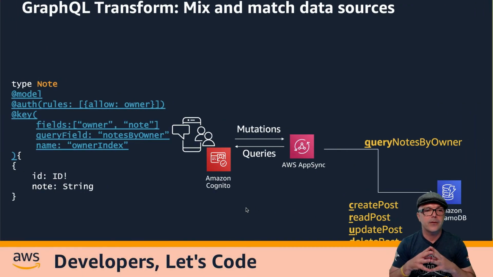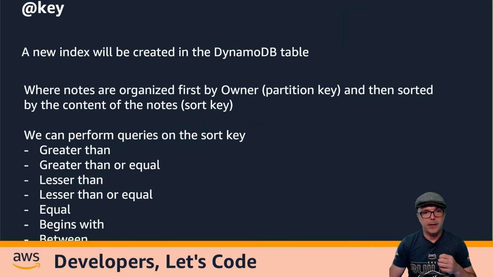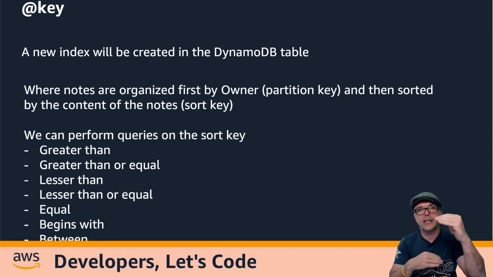So if you're logged in, you know who you are. So you're the owner. So when you create a note as that owner, in the owner field which we've now created, we are able to query all records that have that owner field, and we can search on the note name. So when we create that new index, it's ordered by the owner, which is the partition key, and then the actual sort key is the content of the notes.